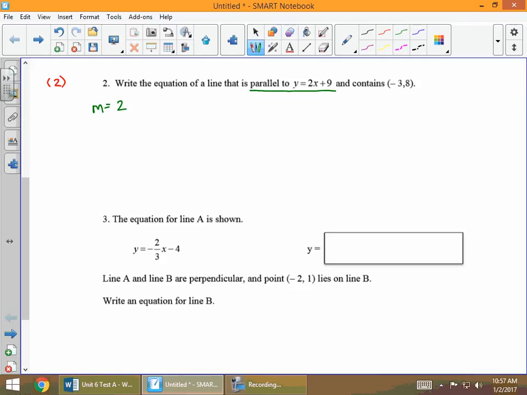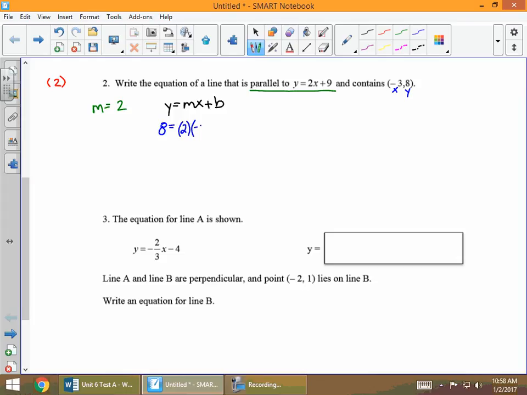Now, in order to find the y-intercept, I have to use y equals mx plus b. I know my y value. If you look over here, my point has an x and a y. So my y value is 8. The slope is 2.